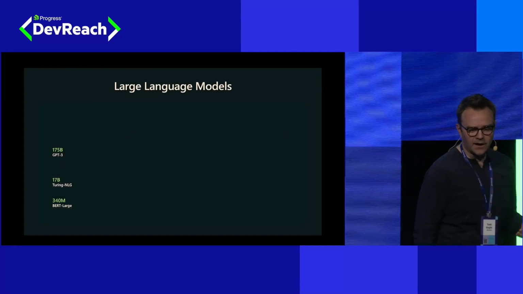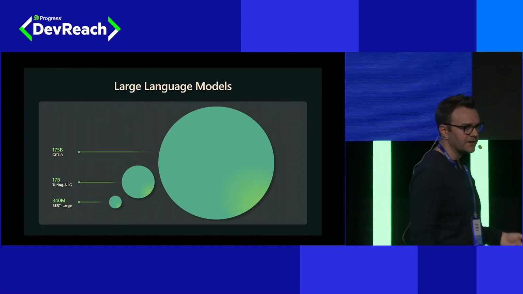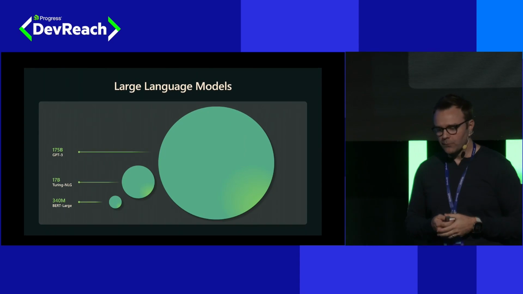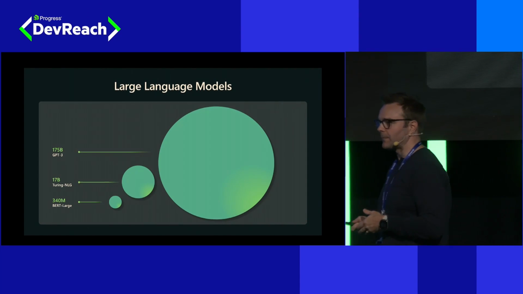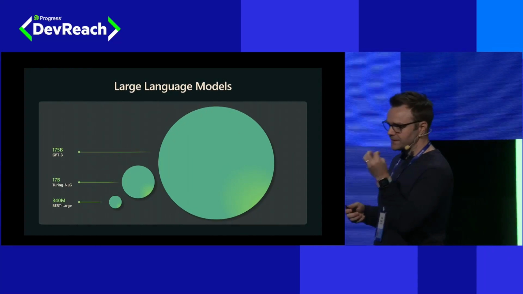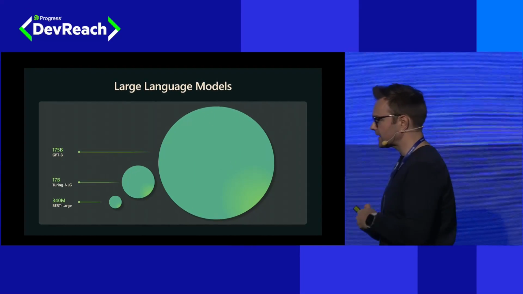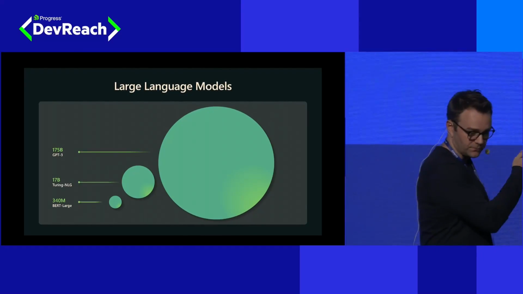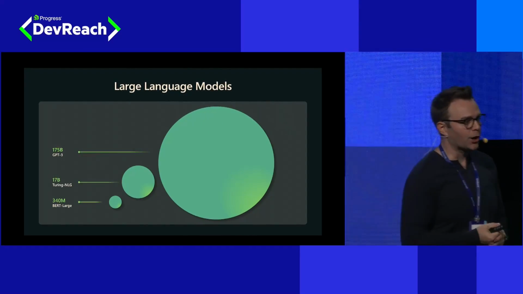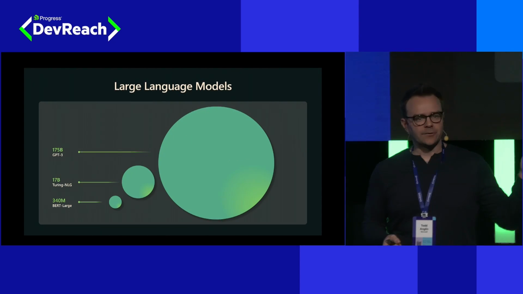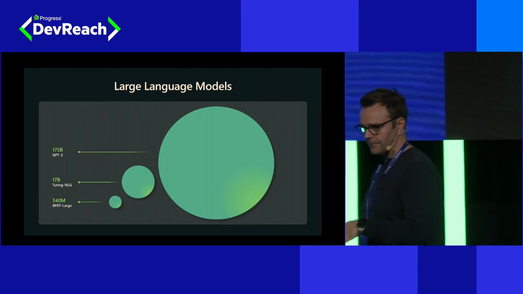And as time has gone on, as these models have evolved, so too has their size. And what we often think about when we talk about the size of models is the number of parameters that these models operate on, the number of different tokens that they can identify patterns between. So if we go and look here at an example, the BERT large model from Google going back just a few years, it had 340 million parameters.